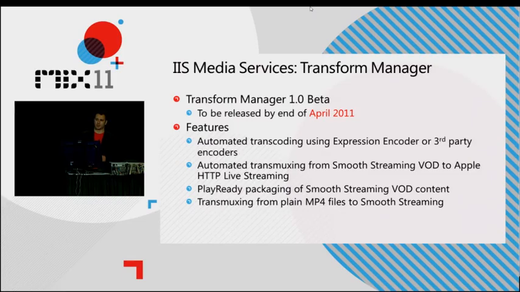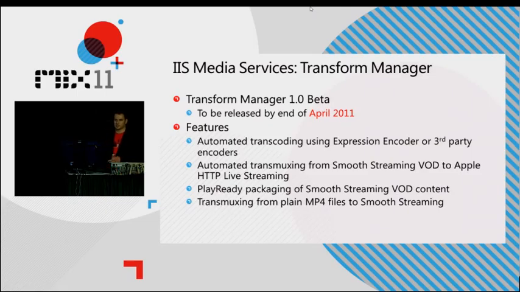And you can actually even chain these tasks so that you can do transcoding and packaging one after another. So out of the box, we support Expression Encoder, but you could really set up tasks that use really any third-party encoder to do your automated transcoding.